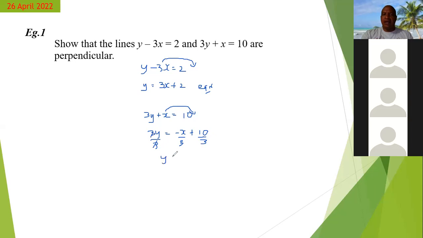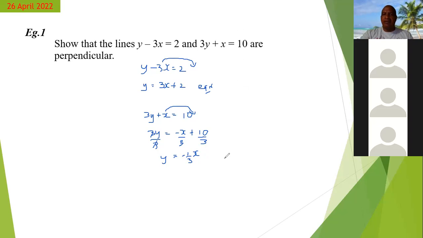So now we have y equal to, now negative x over 3 is the same as negative 1/3 times x, plus 10 over 3.